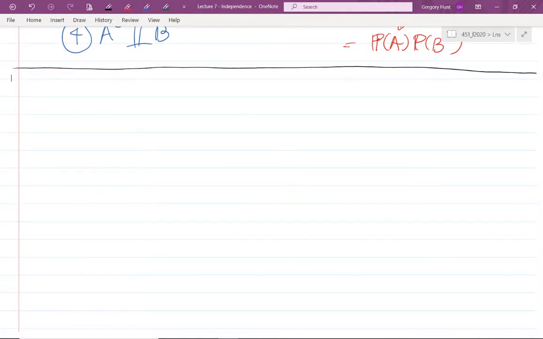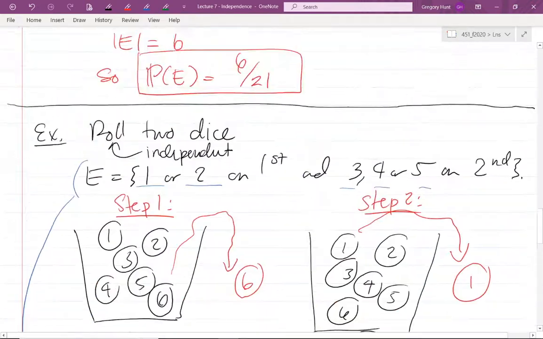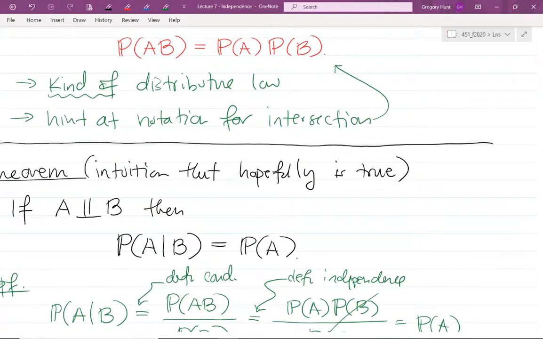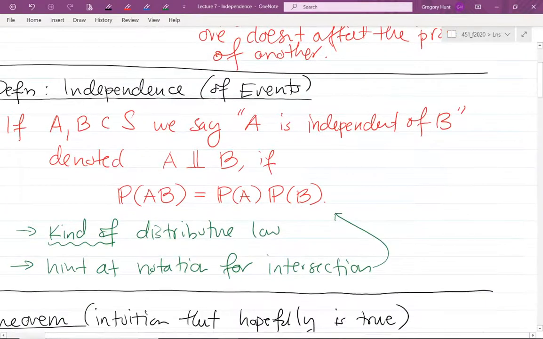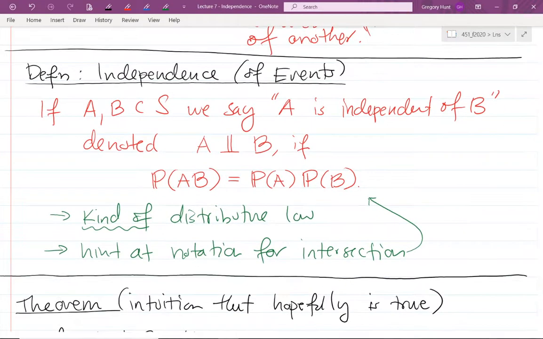So we originally had this definition of independence. If we scroll way back up to the top here, we had this definition that was this multiplicative thing, so that A and B are independent if we can distribute probability over intersection in this multiplicative way.